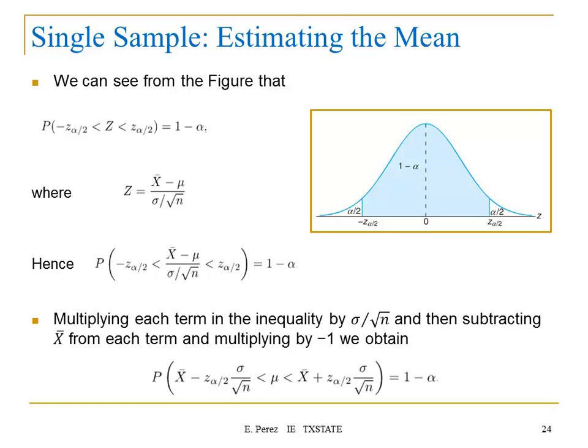A value of z for 0.05 will be, let's say, negative 1.96. If you look at the value of 0.95, it will be the same value for z because this is a symmetric curve. So if this is negative 1, this should be 1. Because remember, it is symmetric with respect to 0. Okay, so I hope that clarified that question.